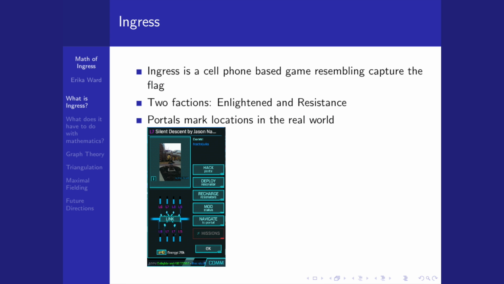Ingress is a cell phone-based augmented reality game. So a virtual reality game would be one where you're set up in a different world entirely. An augmented reality game is where they take the real world and put another layer on top of it. So the basics of Ingress is there are two sides, the enlightened and the resistance, and there are portals in the real world.